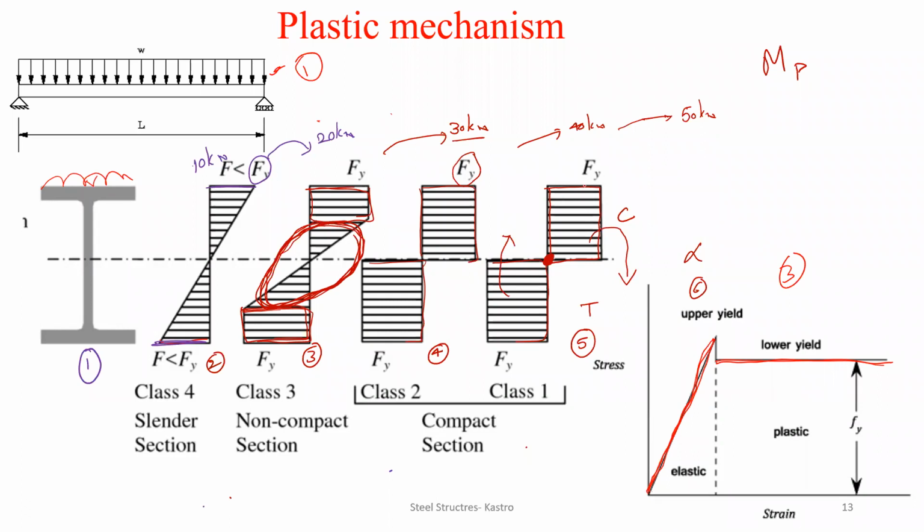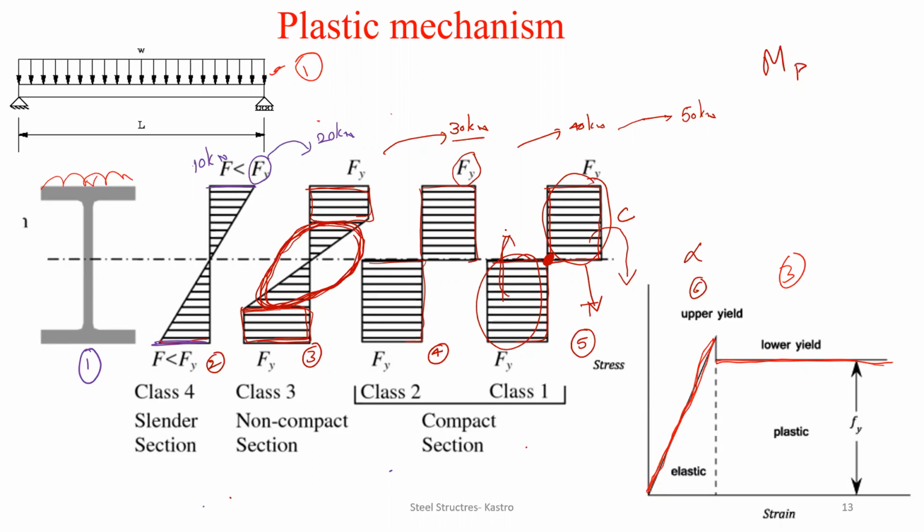That means this portion will come downwards and this portion will go upwards. That is what the plastic moment is. So moment is nothing but the twisting of the member, right? So this is the entire concept of plastic mechanism.